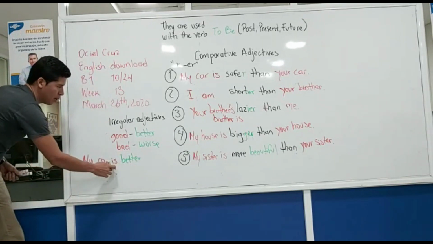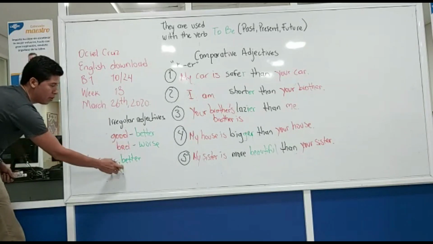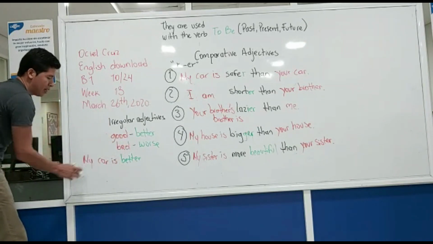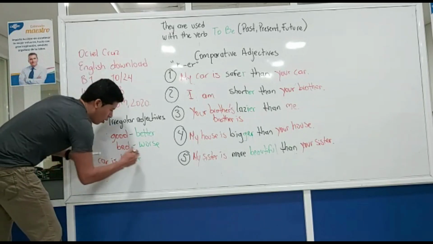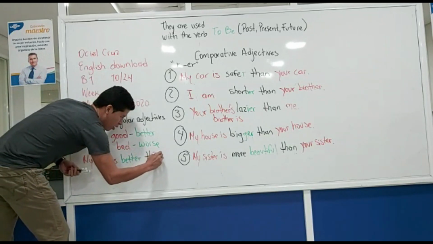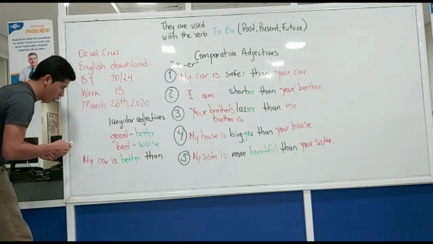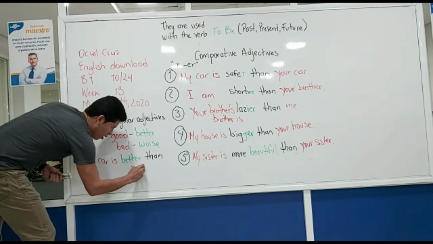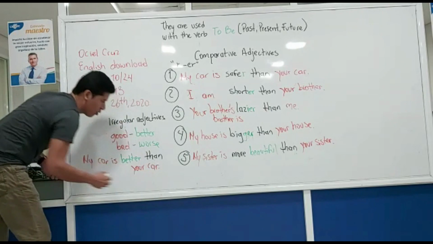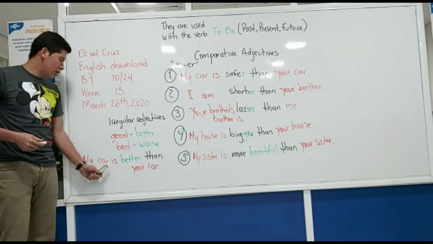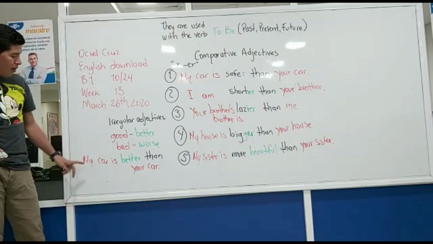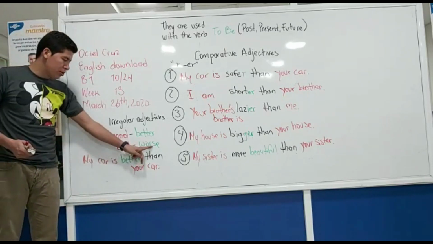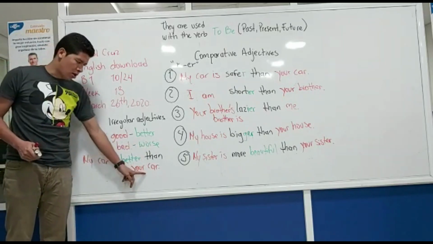My car is better. I don't use good. Better, because it's irregular. My car is better than your car. Okay? Or maybe it's negative. My car is worse than your car.